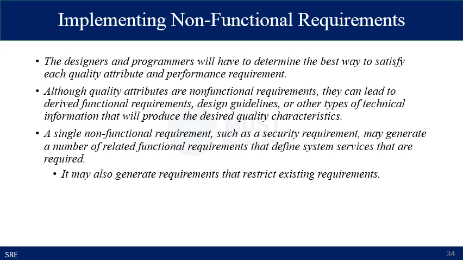Again, quality attributes are non-functional requirements which cannot be directly achieved, so they lead to derived functional requirements or design guidelines or other types of technical information that will produce the desired quality characteristics. So in simple terms, you have to achieve the functional requirements to a certain level to enforce the quality attributes or non-functional requirements of your product.